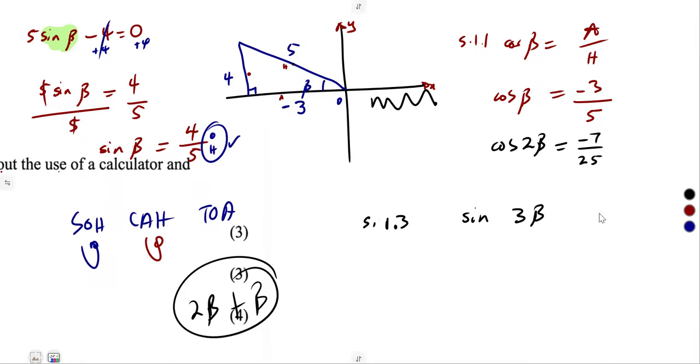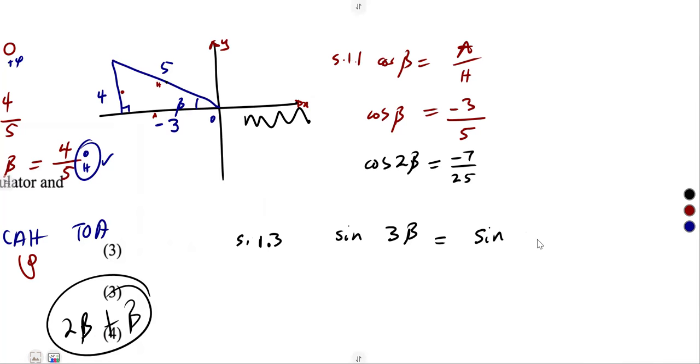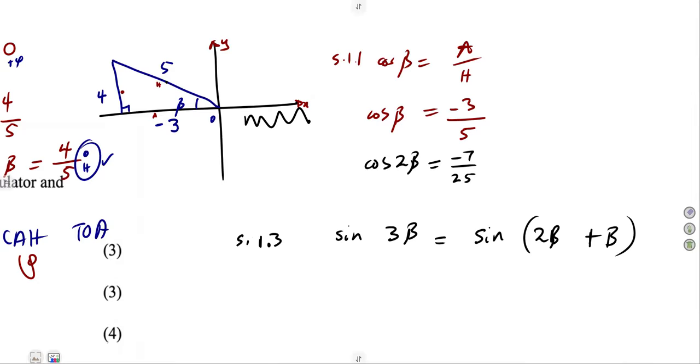Let's form a compound angle and see what's going to happen. This is equal to the sine of 2 beta plus beta. We still have the original question. We haven't changed anything.